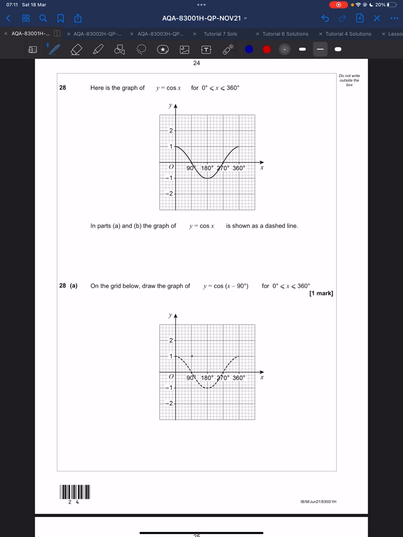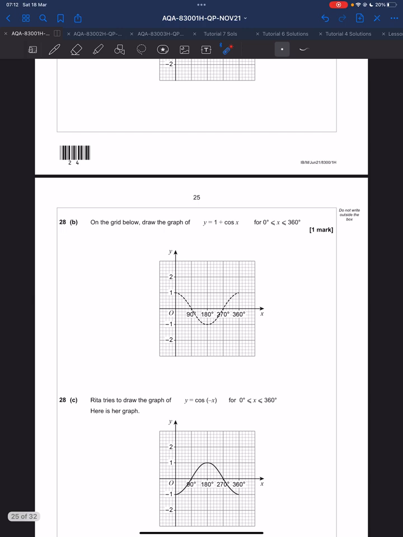You actually move it on to plus 90. You move the cos graph 90 that way. So that one's there, that one's there, that one's there, and that one's there. Because now when x is 90, you take away 90, so it's 0. So it's cos of 0, and cos of 0 is 1. That's why it starts there. So that's why it moves on. So shift that way.